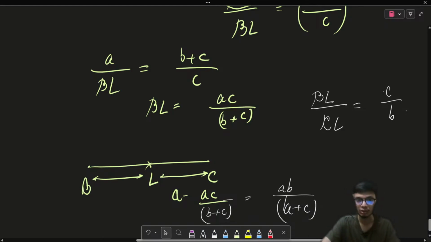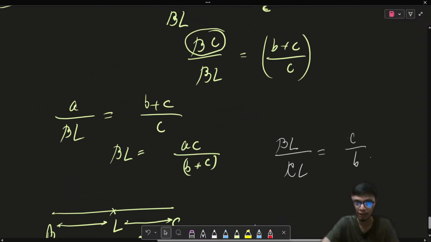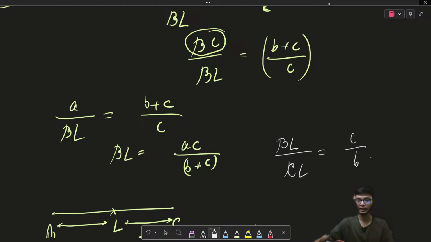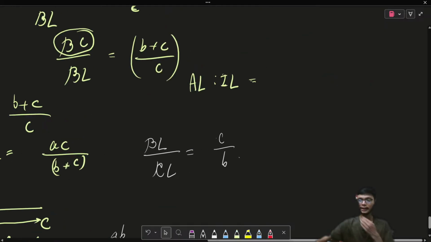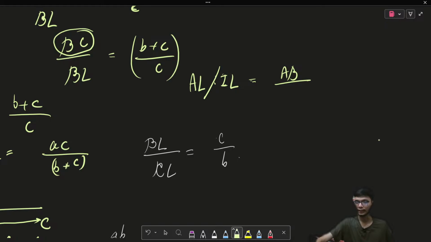Now from this relation, and similarly if we apply it for the other vertices, you will obtain the same relation. So I will also obtain AI is to IL, right? I is my incenter, and this relation I can obtain by the other internal angle bisector. So AI by IL is going to be equal to AB upon BL, and that will be equal to C upon AC by B plus C, right?